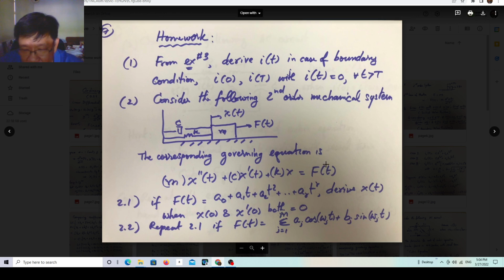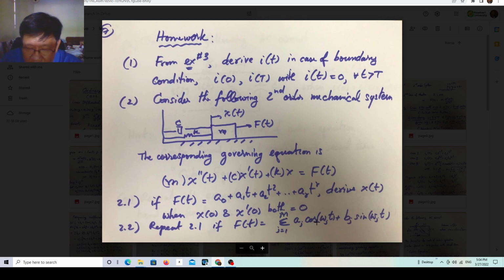If f(t), the right hand side, becomes what some call the transcendental form, and in electrical engineering you're familiar with the sinusoidal form, and we have many ways to represent this type of function.